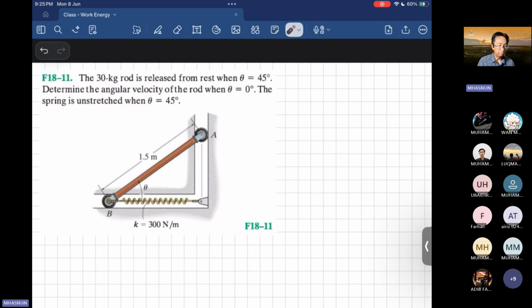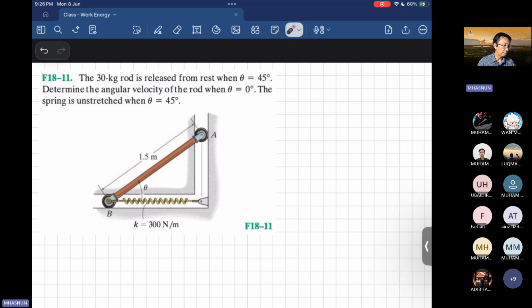This is similar to the example we did this morning. This is obviously a general plane motion problem. You can see point B is moving to the left, translation. Point A is moving downwards, translation, whereas the rod itself is having a rotation. The rod will rotate.